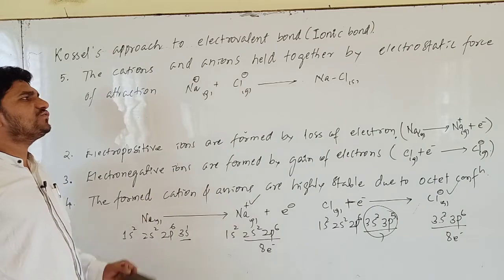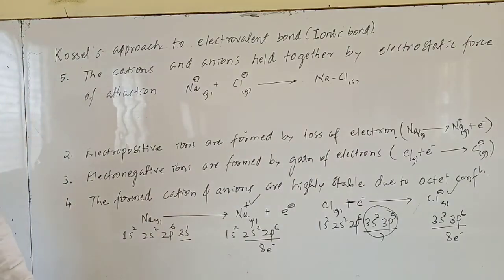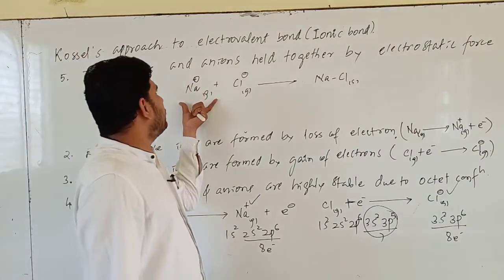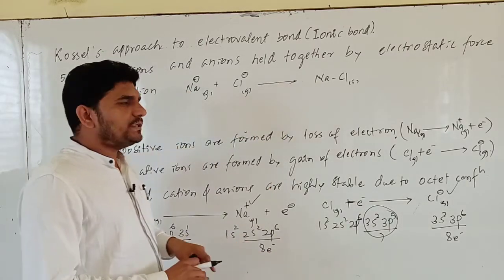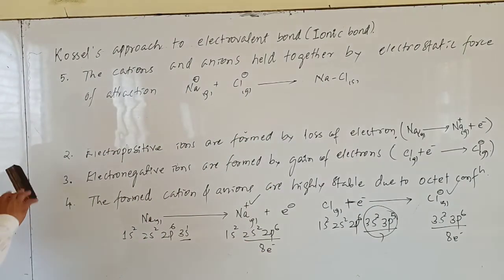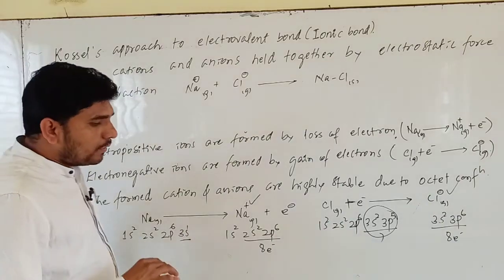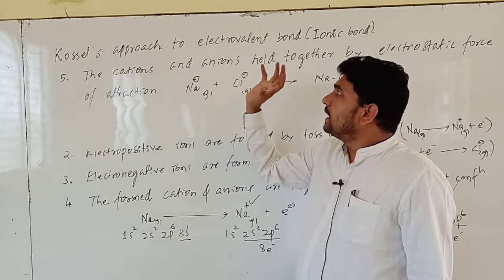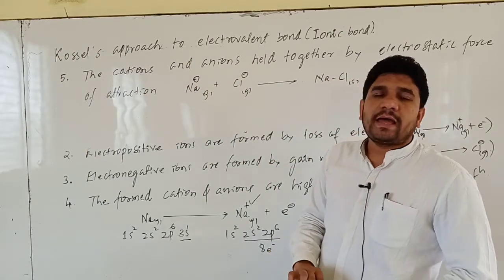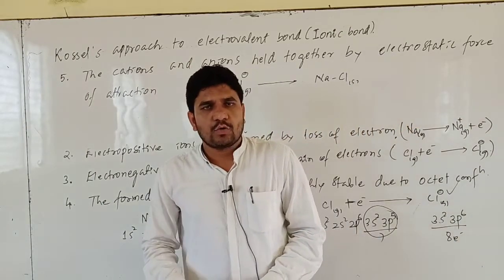Sodium chloride solid is formed. Sodium chloride crystals are produced by the combination of sodium cation and Cl minus anion. Have you got this point? Okay. These are the five postulates of Kossel's electrovalent theory.